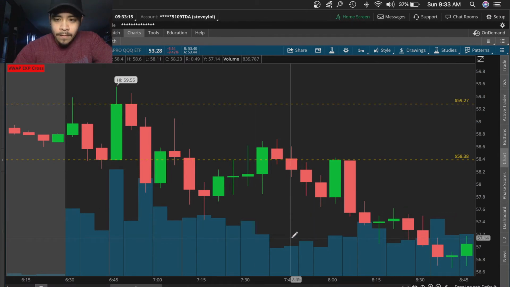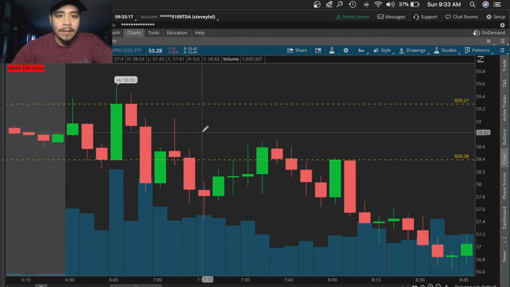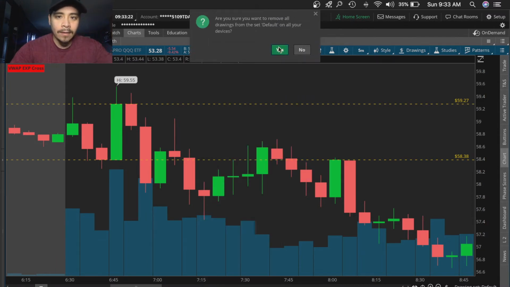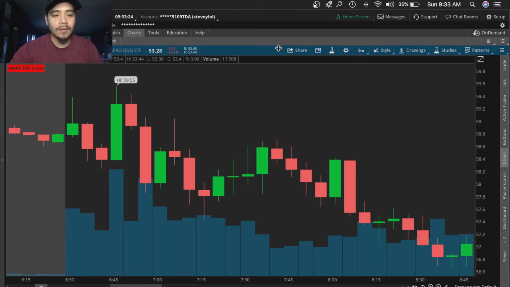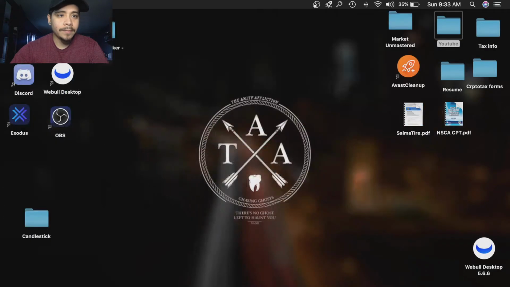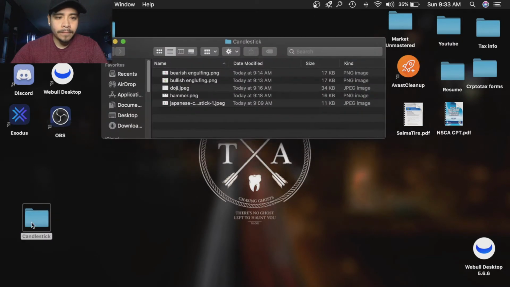I want to show you guys the next thing, which are specific candlesticks you look out for. I actually have some for you guys. Let me pull them up right here. Sorry. Start off with a bullish engulfing pattern.